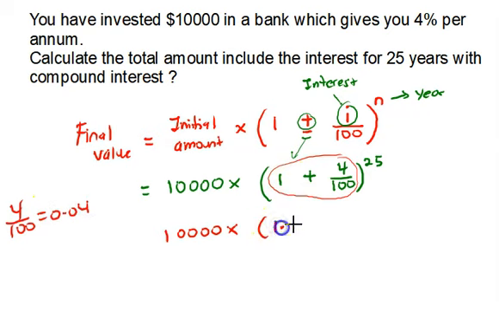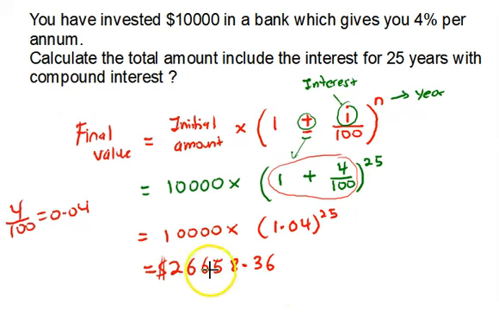Plus 1, you get 1.04 power of 25. If you put this in your calculator, we will be getting about $26,658.36. Okay, so this is the final value of your investment, by compound interest.